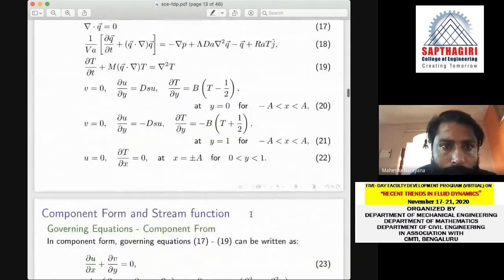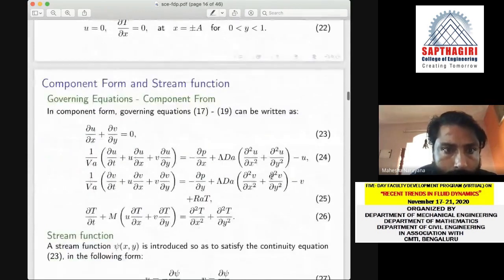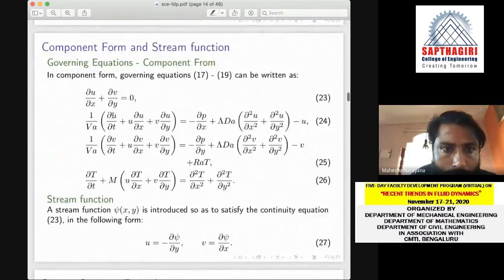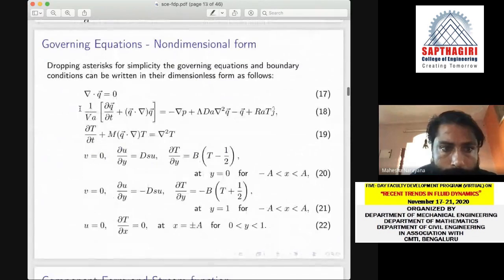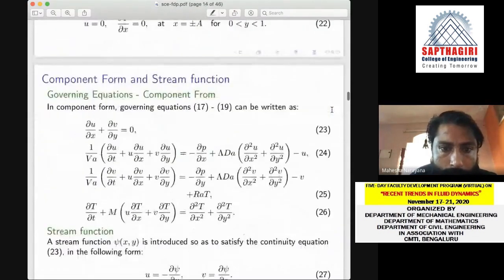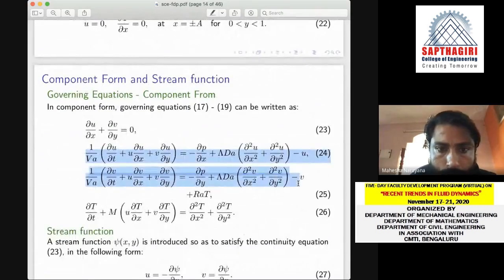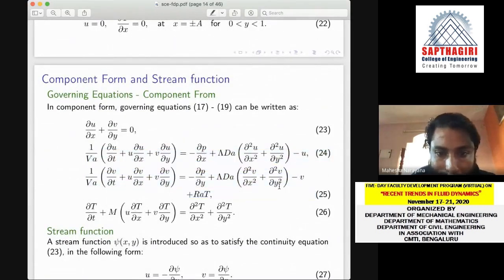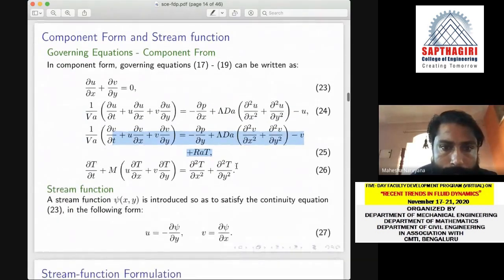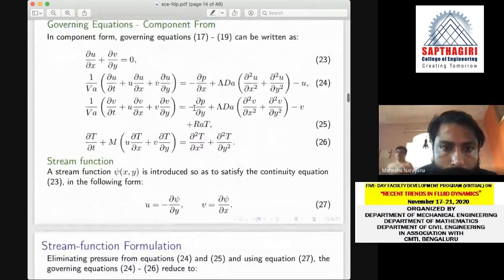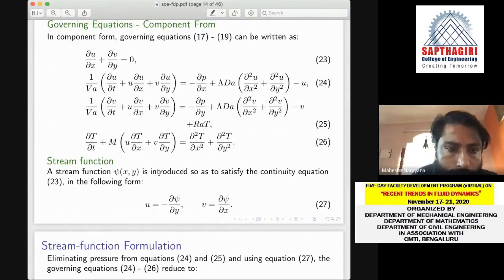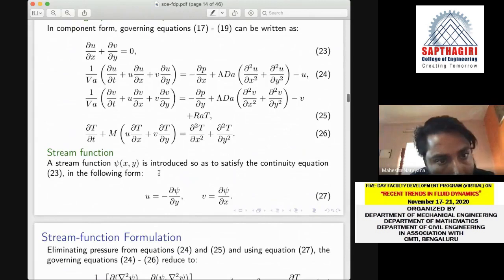In component form, equation 18, which is the equation of motion, the momentum equation, can be put into two equations, one in the x direction and one in the y direction. Later we will eliminate pressure between these two equations and write a single equation for the velocities.